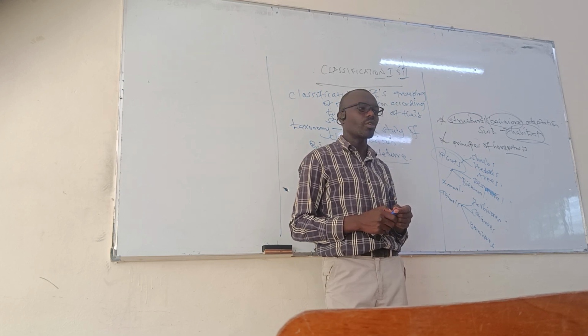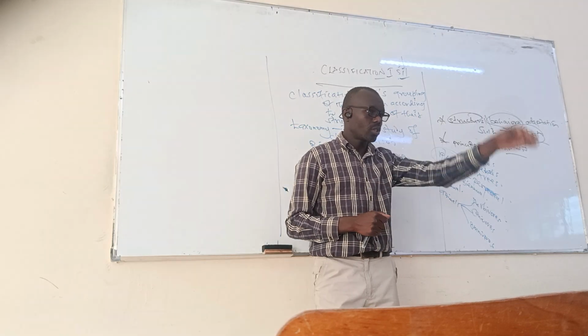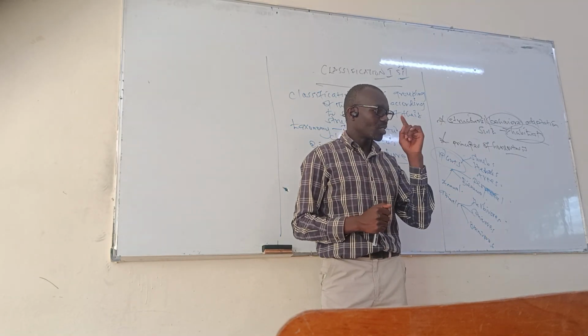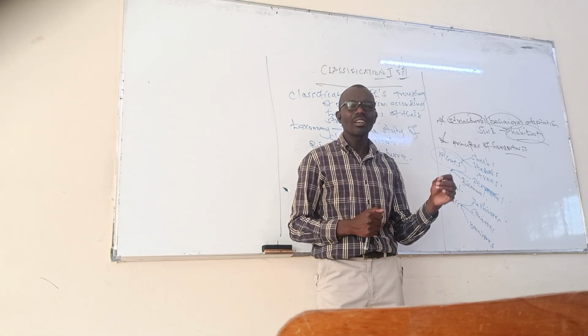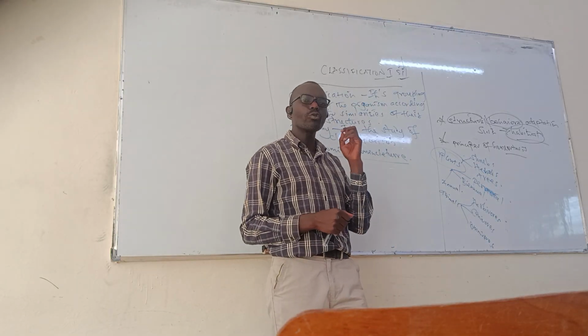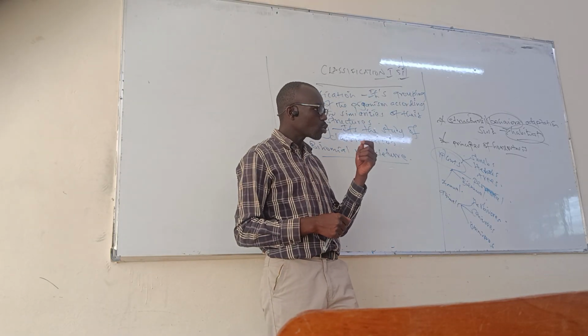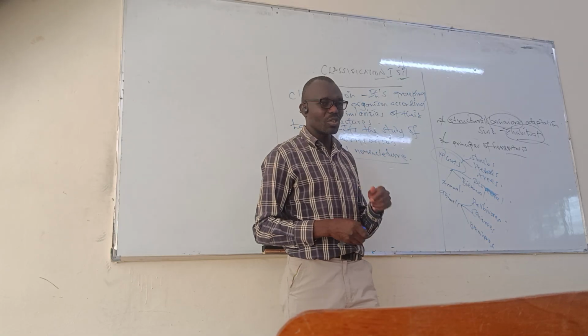Yes, the naming of organisms, giving them the genus and the species. What you are saying is correct. Only that you didn't complete. It is double naming system or giving organisms 2 names. You have to go ahead and mention those 2 names: the genus and the species name.